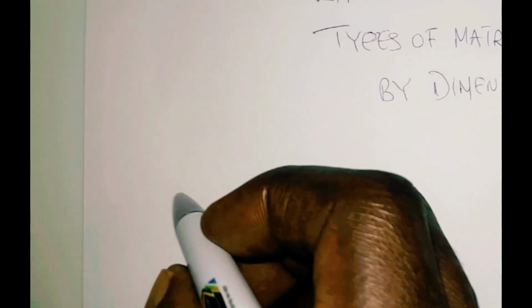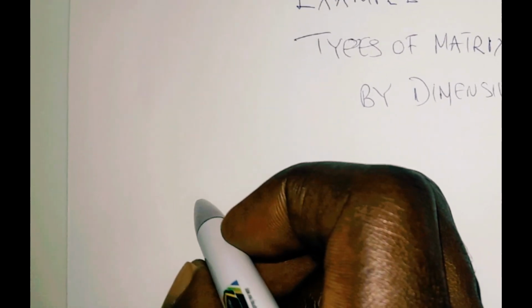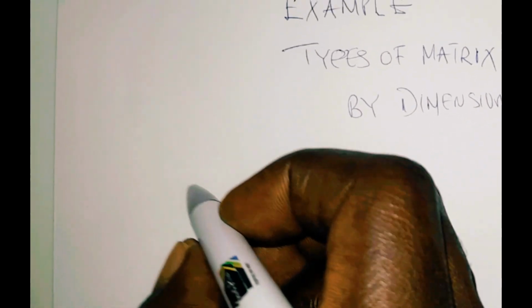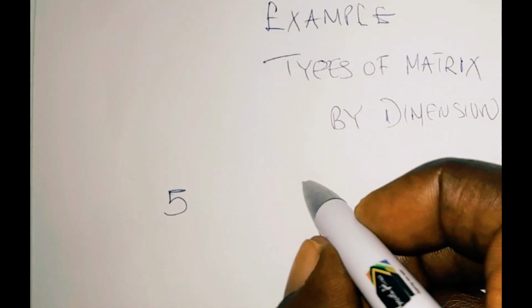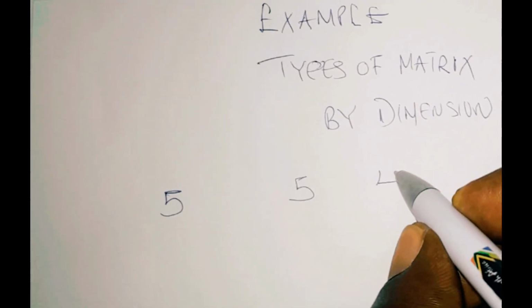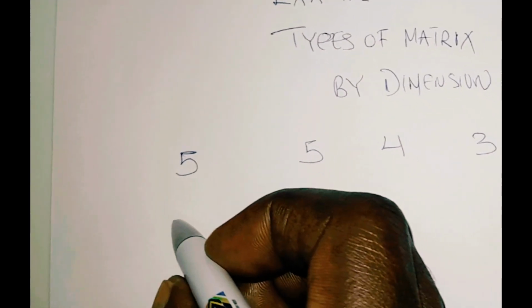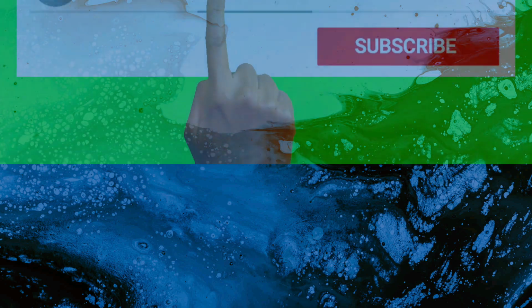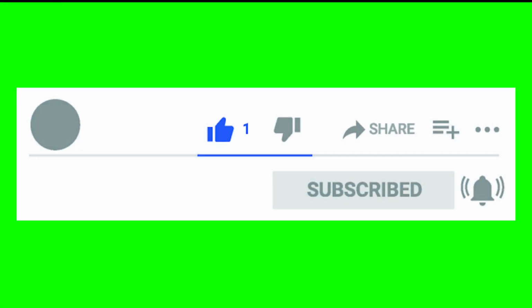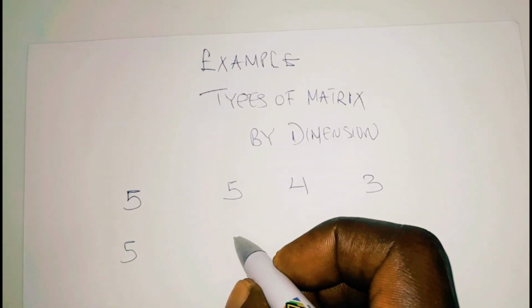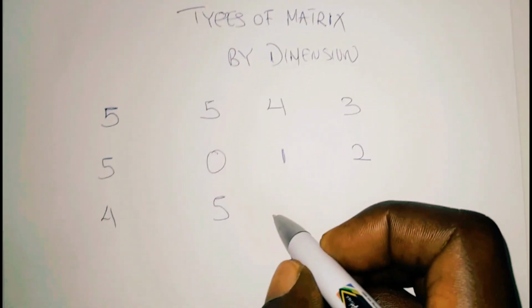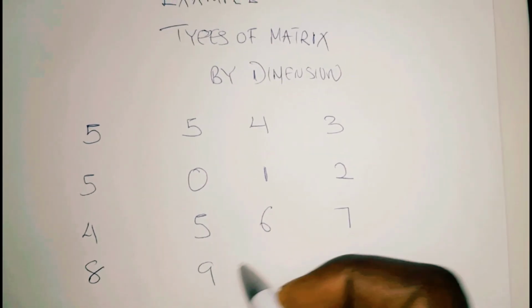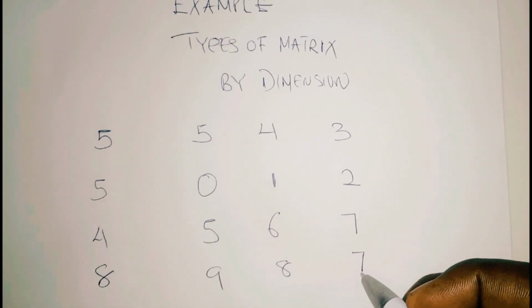I'll be using numbers to denote the elements now. So I have 5, 4, 3, 5, 0, 1, 2, 4, 5, 6, 7, 8, 9, 8, 7.